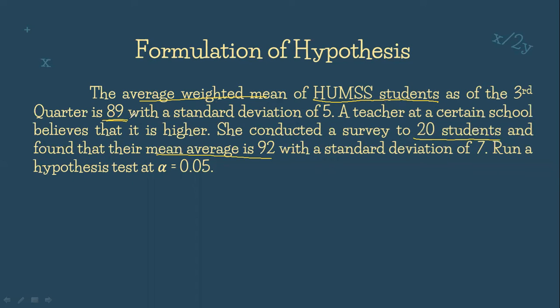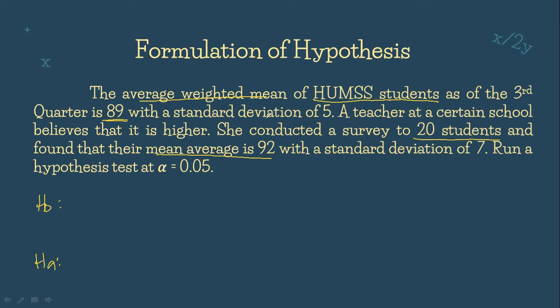Ngayon po, ang susunod natin pong titignan, so lagyan po natin dito HO and HA. Ang susunod po nating titignan dito is titignan po natin kung meron po tayong word na nag-i-indicate na may change. Is it higher or lower, lesser or greater? Mga ganon. Kapag meron po tayong mga ganong words, alam natin ang uunahin natin gagawin is the alternative.